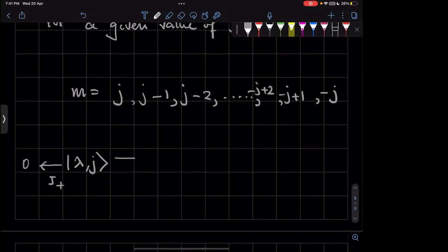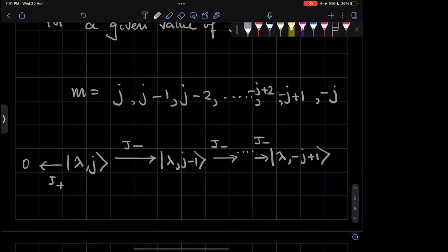If I apply J minus to it, I get lambda j minus 1. And if I apply J minus to it again, I go down, dot, dot, dot, until I get to lambda minus j plus 1.